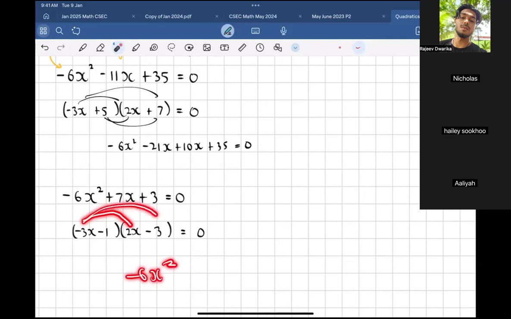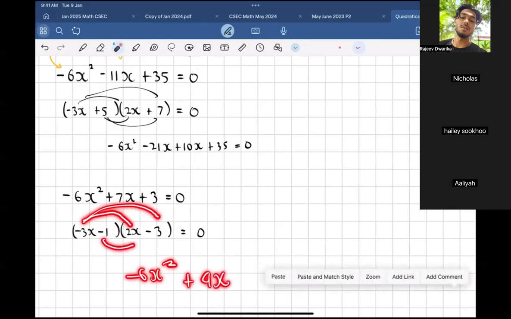What is minus 3x by minus 3? Plus 9x, right? What is minus 1 by 2x? Minus 2x. And minus 1 by minus 3?